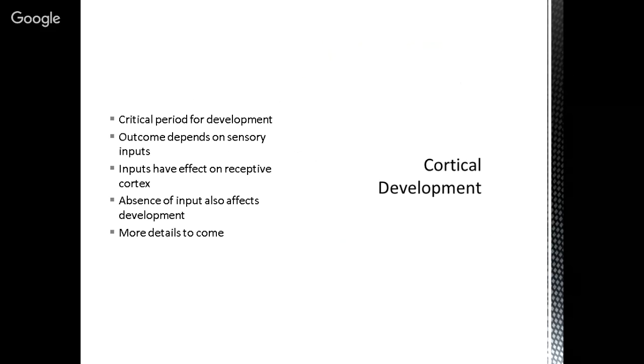Okay, cortical development: there's a critical period that seems to come out of this, at least for some connections in some systems. The outcome depends on what inputs are present, and on what effect your inputs have on the cortex, because you can manipulate these.